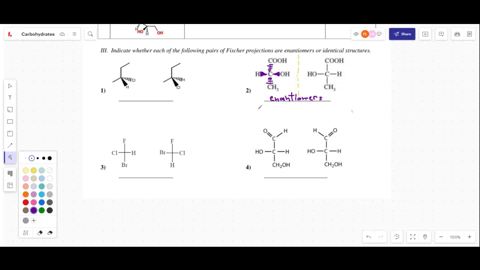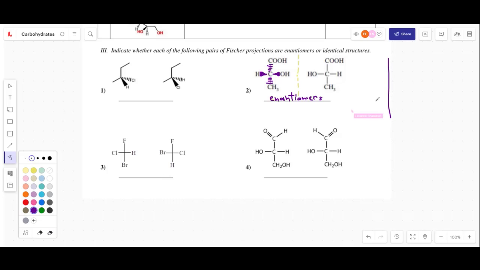But you would not be expected to do a tremendous amount with this. It'll be fairly simple. The key thing with the enantiomers, and with these Fischer projections, is that carbons that are chiral, or at least have the potential to be chiral, are always shown in the crosshairs.